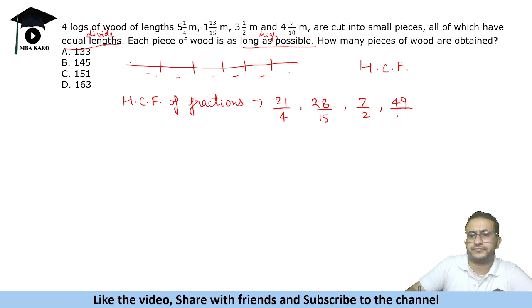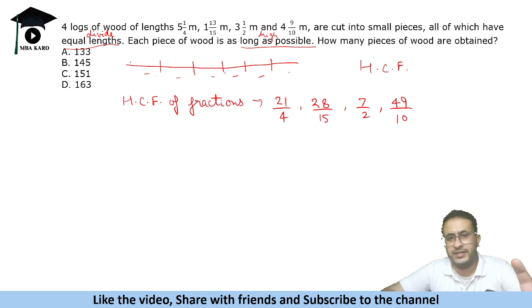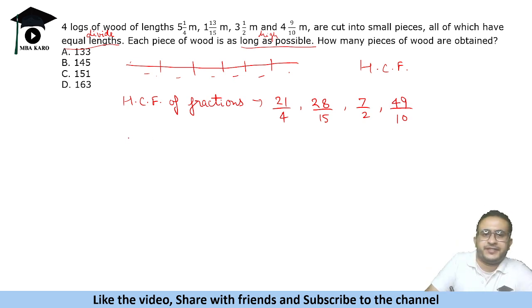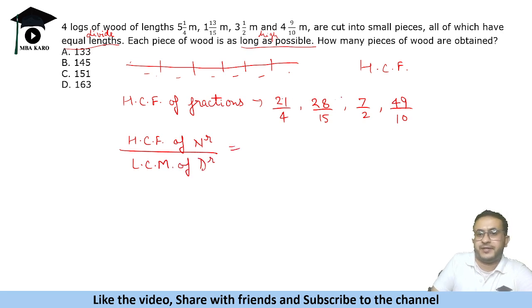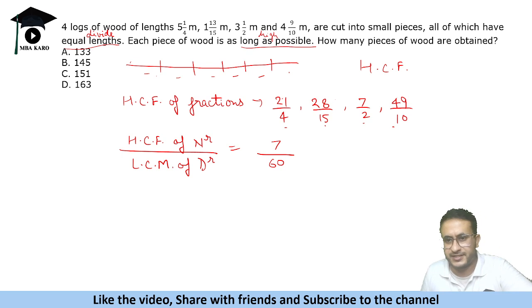HCF of fractions is the HCF of numerators upon the LCM of denominators. If we take the HCF of these numerators, we get 7, and the LCM of the denominators is 60. So the HCF is 7 by 60, right?